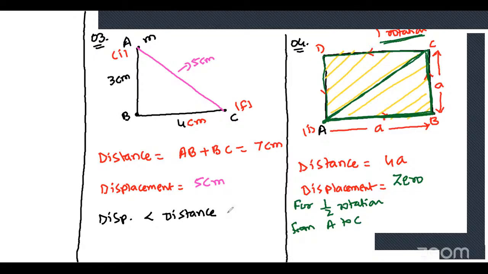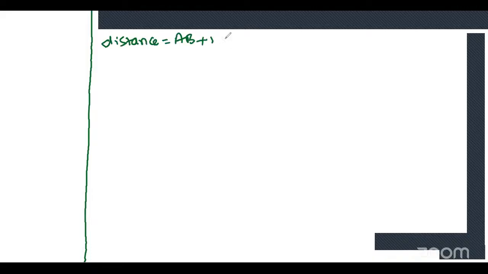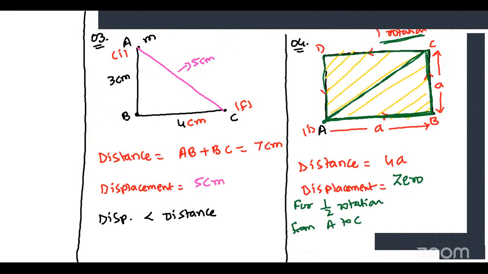So I can say distance equals AB plus BC, and displacement is nothing but AC. How to find the value of AC?